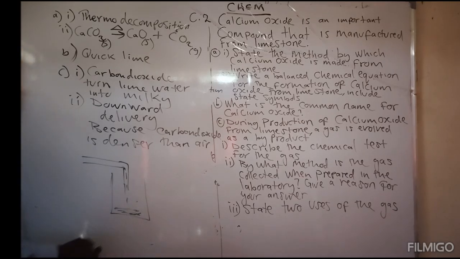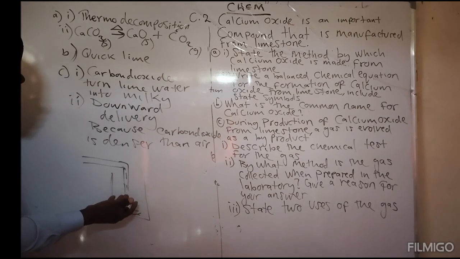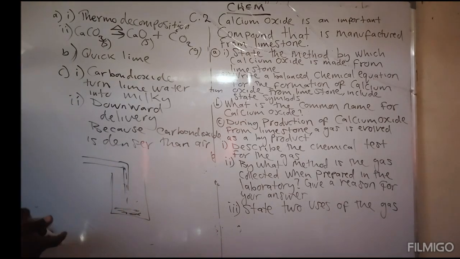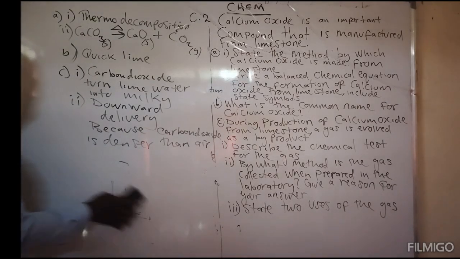It is known as downward delivery, more like it's being delivered down. The reason we gave is that it is denser than air, meaning it won't be on top, it will come down. The air will be up there. When we say something is denser, meaning it's heavy. So if it's heavy, then it will come down. That's the downward delivery.